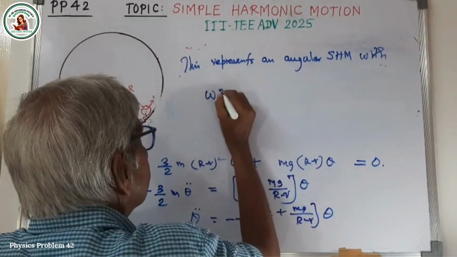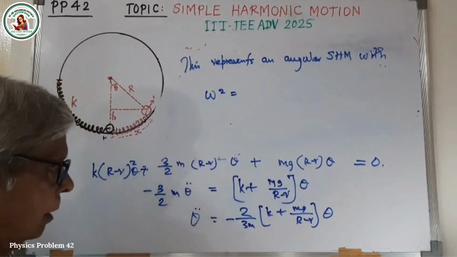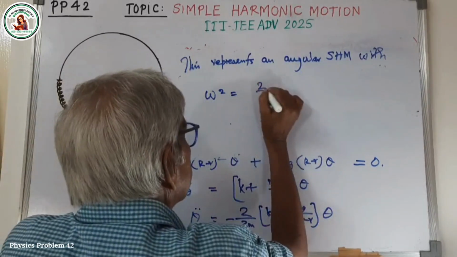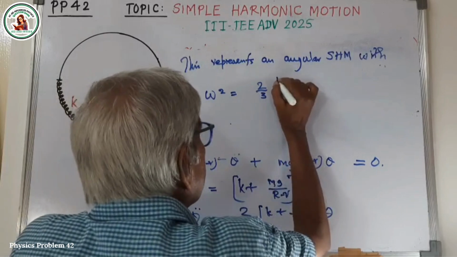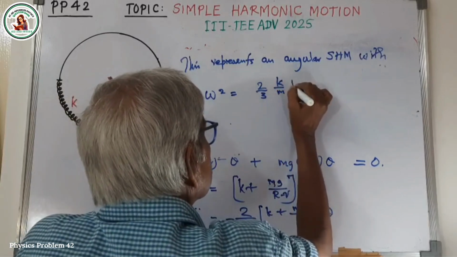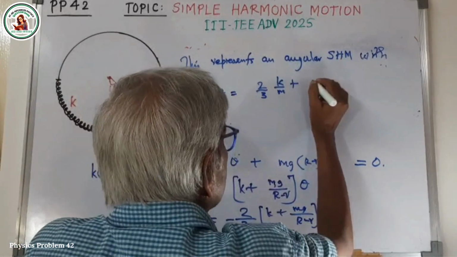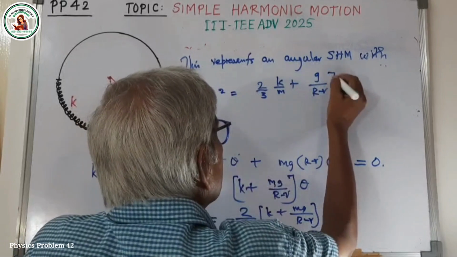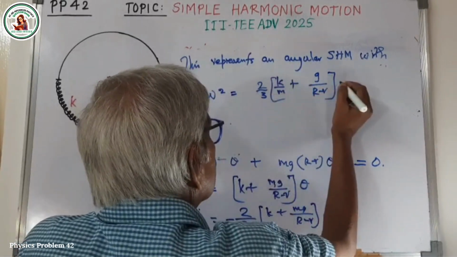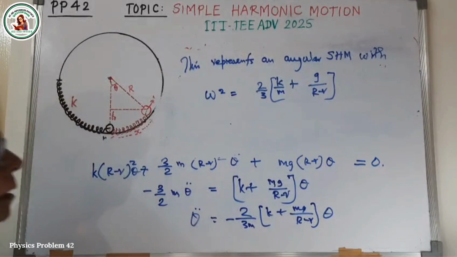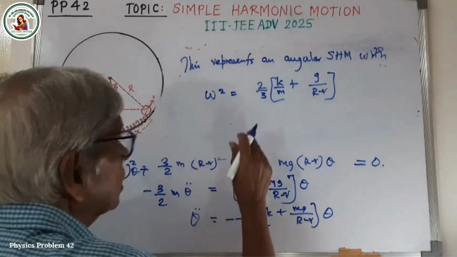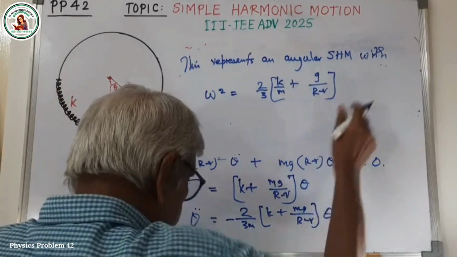omega square equals this quantity, 2 by 3. I will write it as 2 by 3 (k by m plus g by (R minus r)), dividing by m. That is the omega square value. So the square root of this will be the answer.